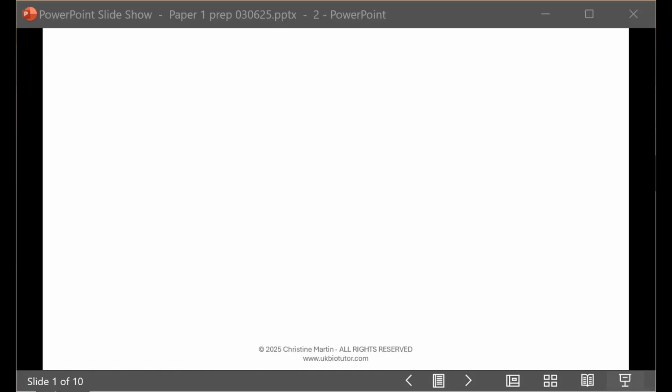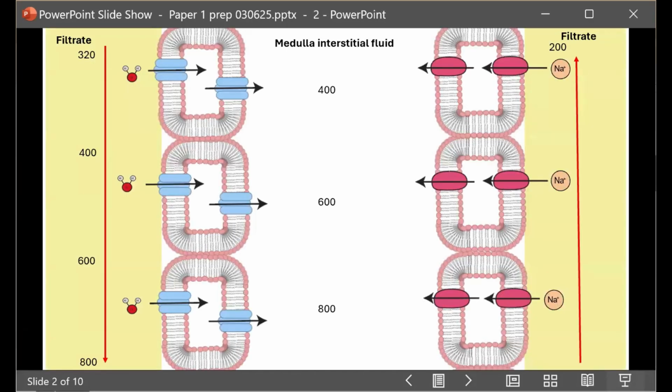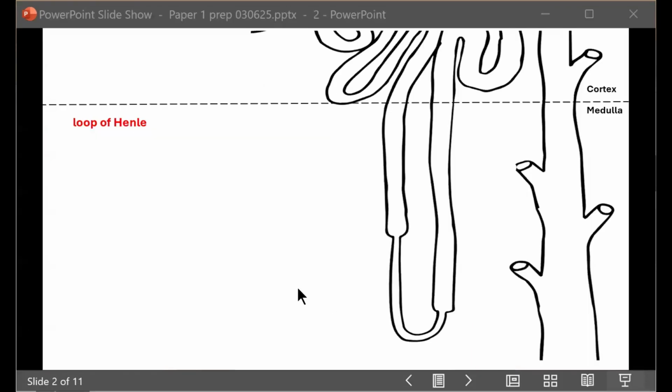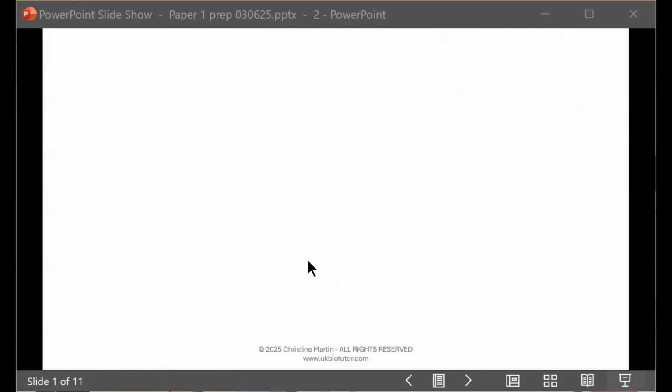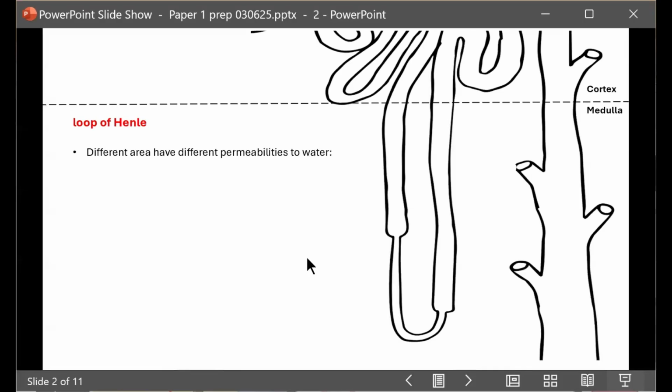So you want to know, explain the water reabsorption in the loop of Henle. Hopefully, when you are looking at the loop of Henle, I've got my different permeabilities to water.